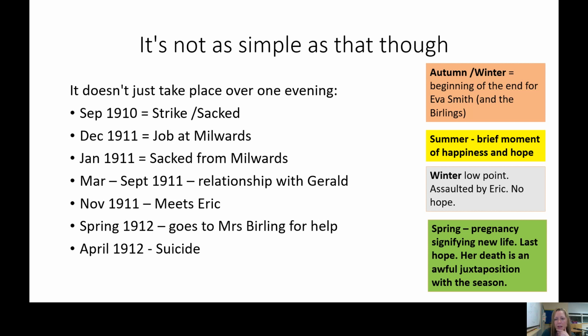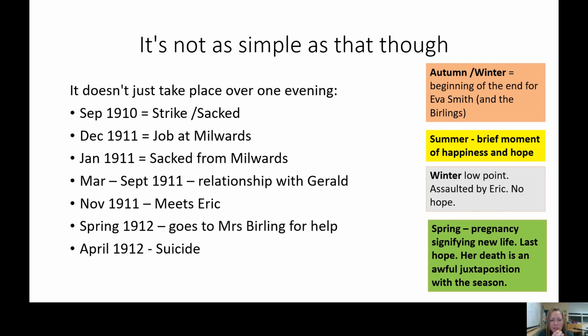But then we come back to the winter period in November of 1911, where, this is obviously a real low point with the sexual assault by Eric. And that goes on into a period of hopelessness until perhaps in the spring, we have the pregnancy, which obviously is again the beginning of the final stage towards her death.